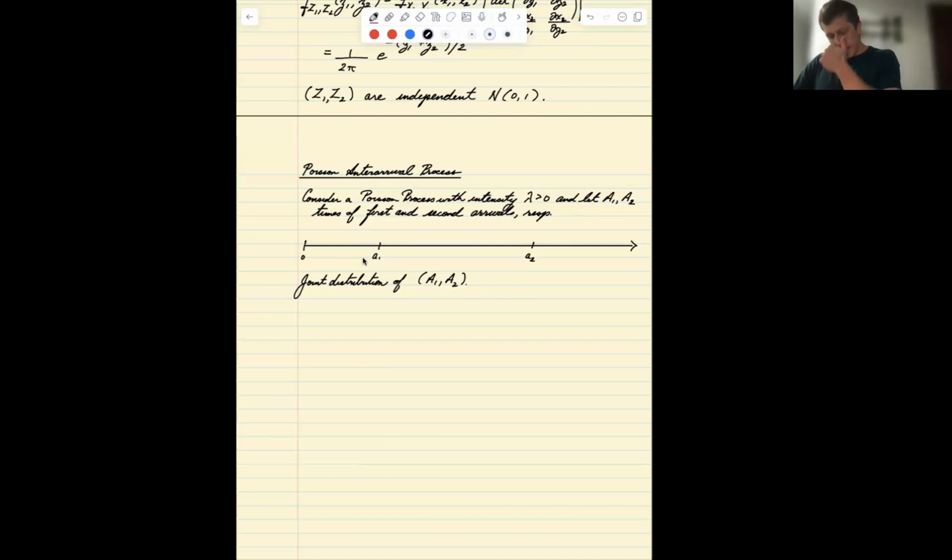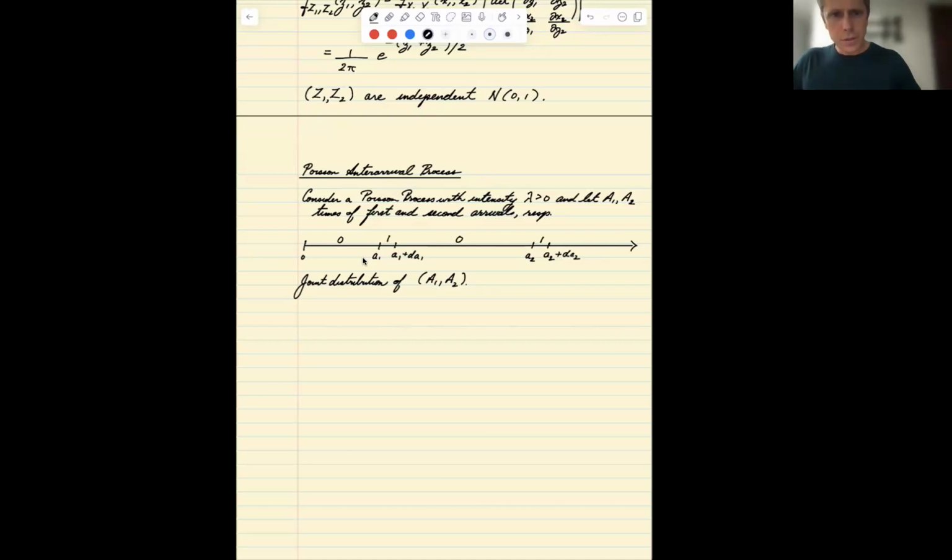So in order for little a1, little a2 to be the first two arrivals, we can consider small windows around a1 and a2. Then we need 0 arrivals here, 1 arrival here, 0 arrivals here, 1 arrival here.